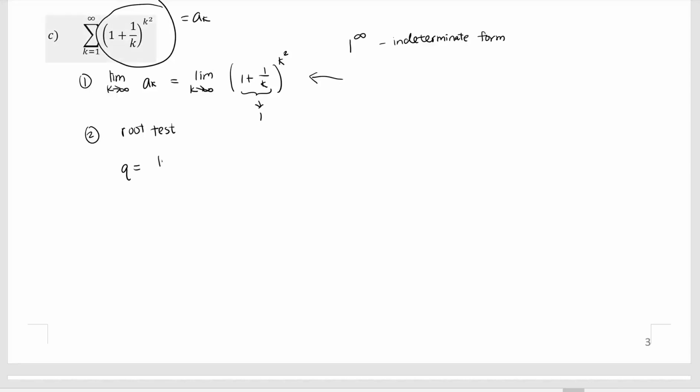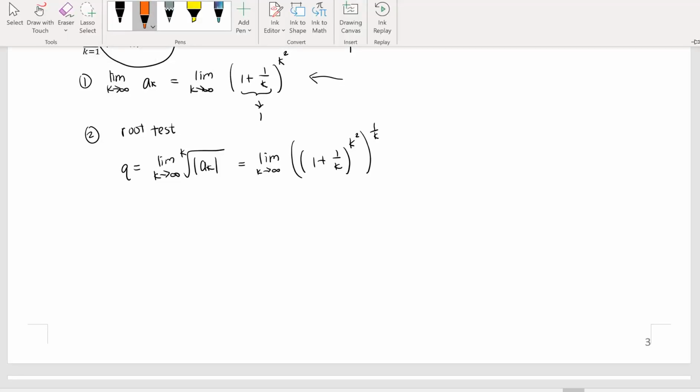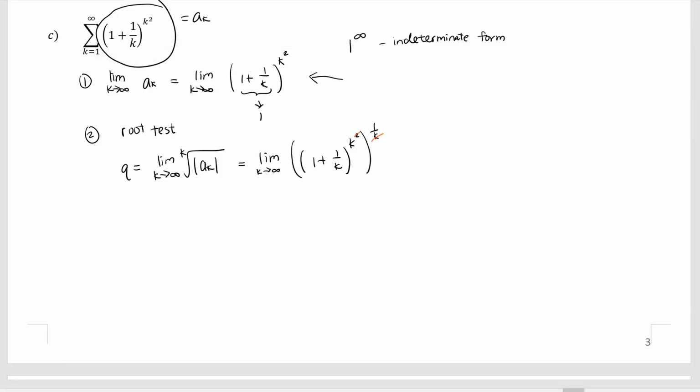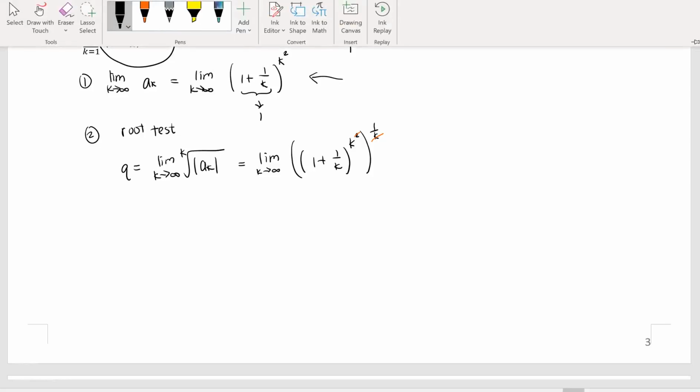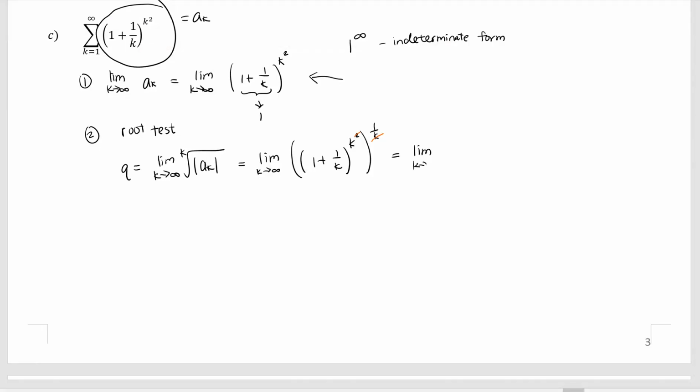So q is the limit as k goes to infinity of the k root of the absolute value of a sub k. Well, what does the k root do? The k root actually simplifies the limit a little bit. Now we just have (1 plus 1 over k) to the k.